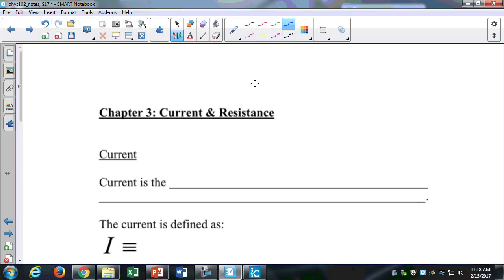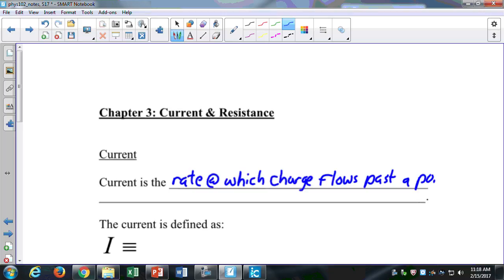We're going to define a few more things. Current is the rate at which charge flows past a point in a given time.